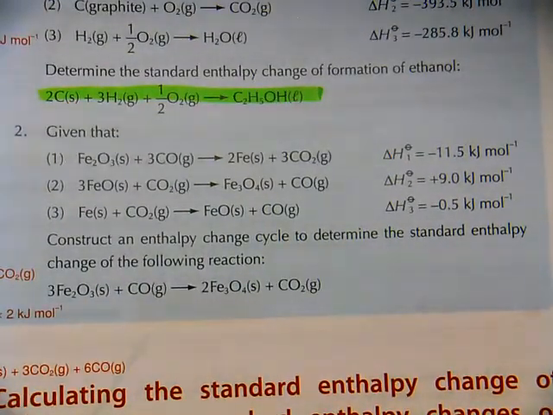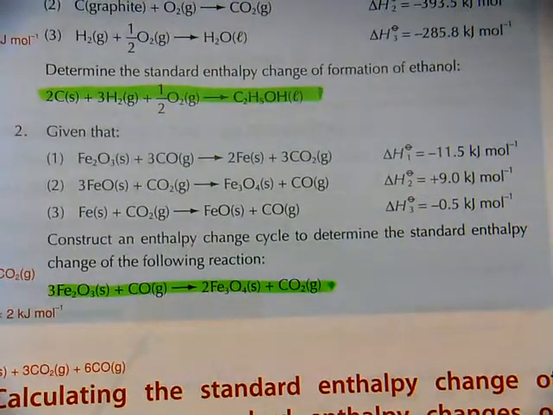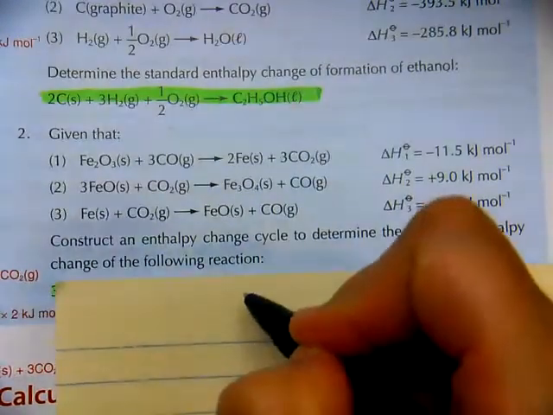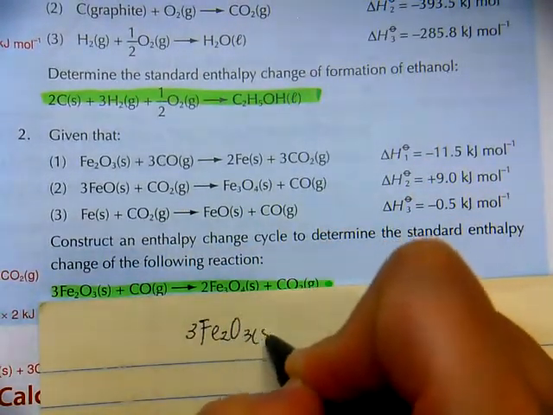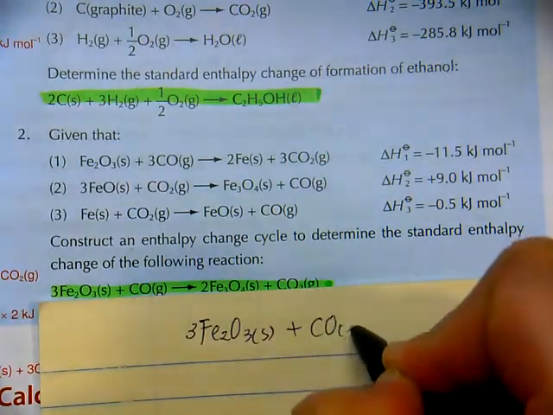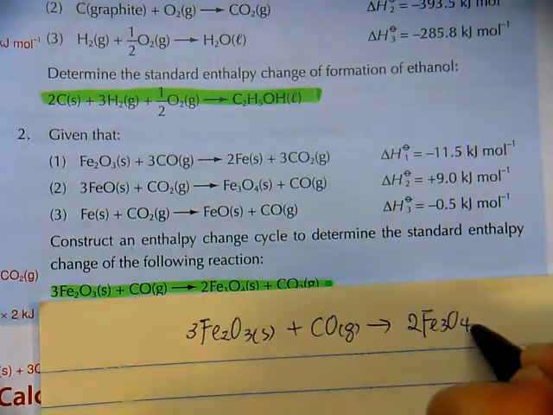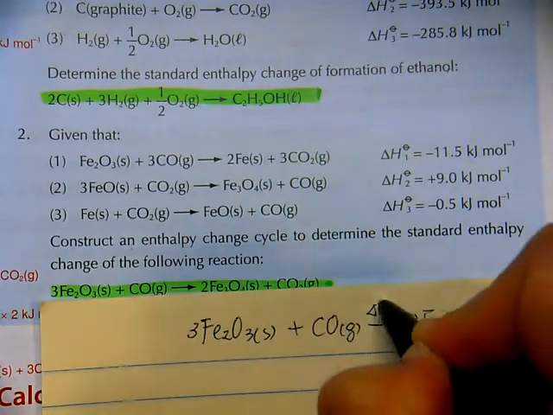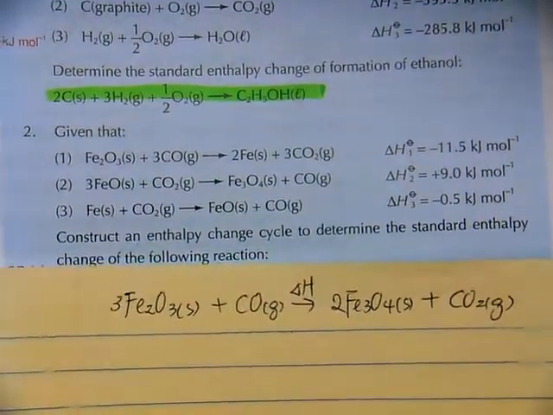Again, the first step, please highlight your target equation. This is your target equation. In drawing the cycle, I will copy this equation horizontally. This is the delta H that we are looking for.